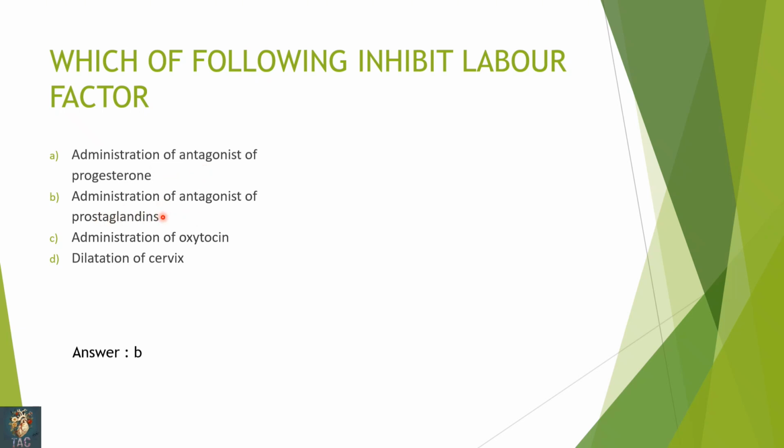Prostaglandin E is usually given to start the labor, and whenever its antagonists are given, they can stop the labor. Similarly, the administration of oxytocin and dilatation of the cervix, both of these factors are required to start the labor. So the correct option here is the prostaglandin antagonist, because it antagonizes the effect of prostaglandin, thereby inhibiting the progress of the labor and stopping it.